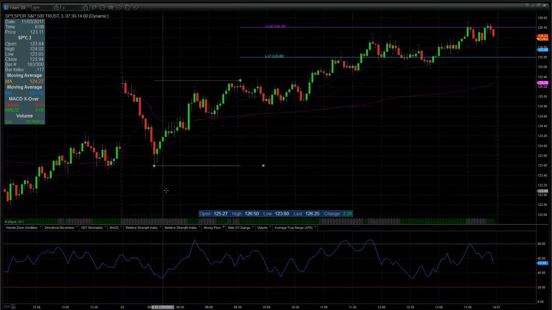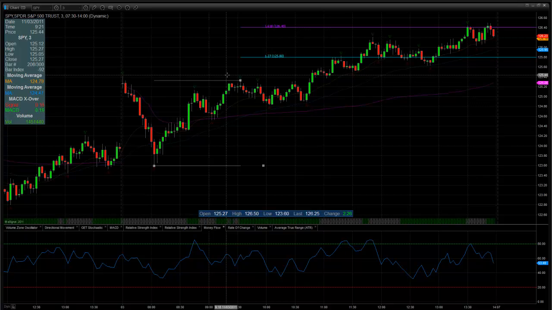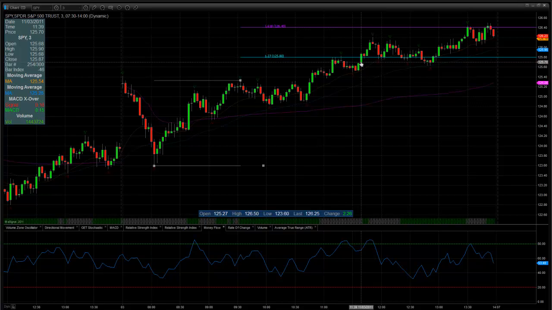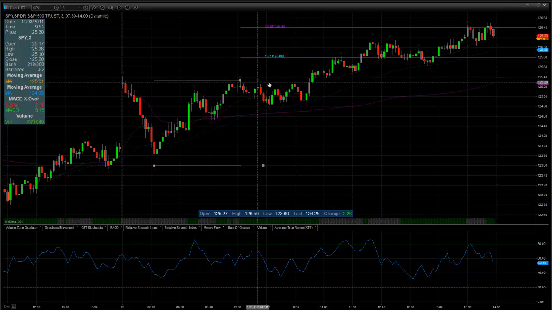This is important. Here I drew these targets off of the first move up into this consolidation pattern, and I projected out to 125.80 to 126.40 as the projected end for the pattern coming out of that contracting wedge that we saw through the lunch hour.